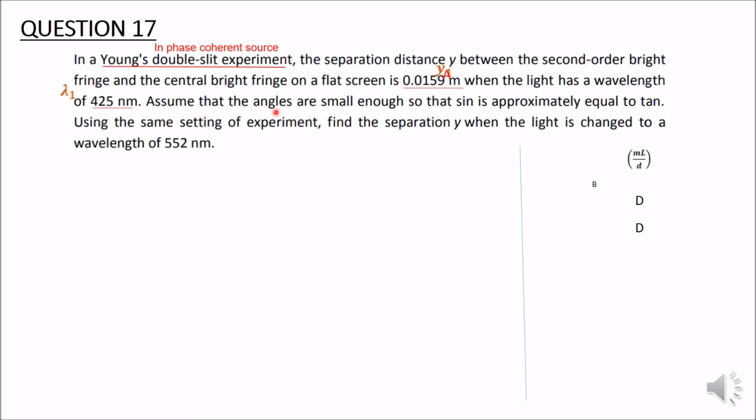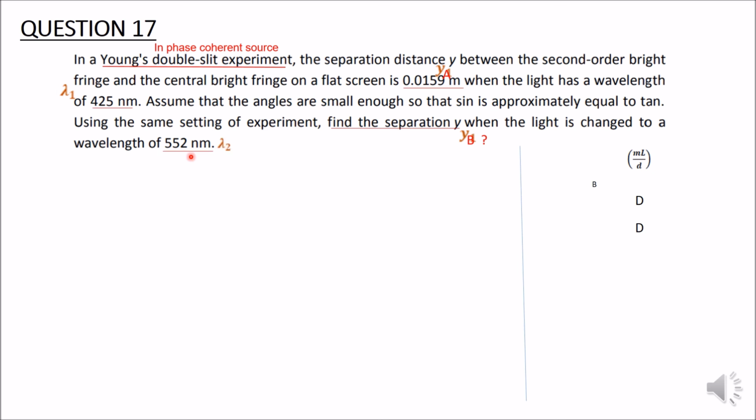Assume that the angles are small enough so that sin is approximately equal to tan. Using the same setting of experiment, find the separation y. This is what we want to find, and this is y_B, when the light is changed to a wavelength of 552 nanometer, this is lambda 2.